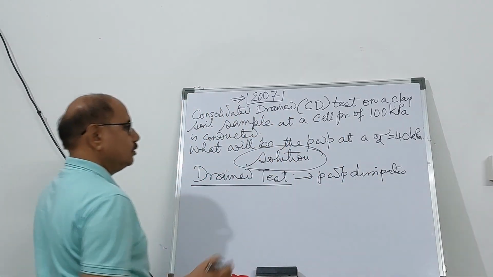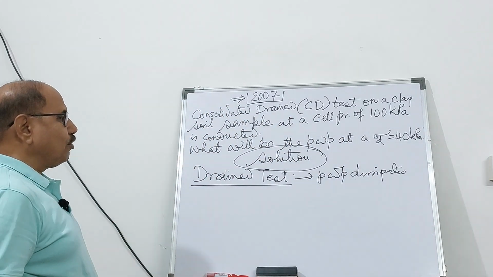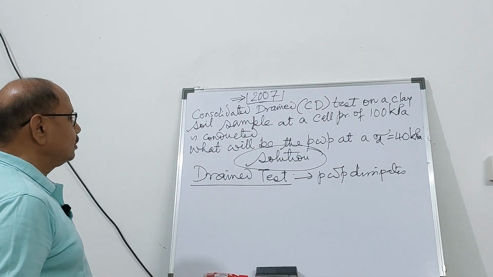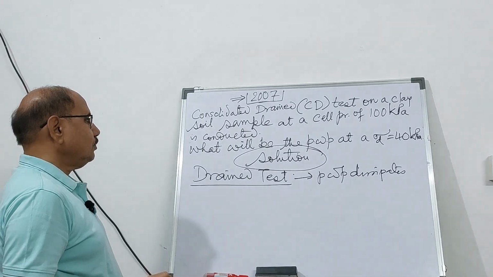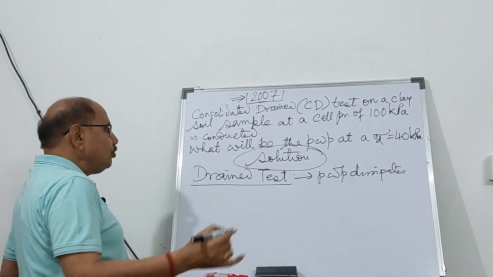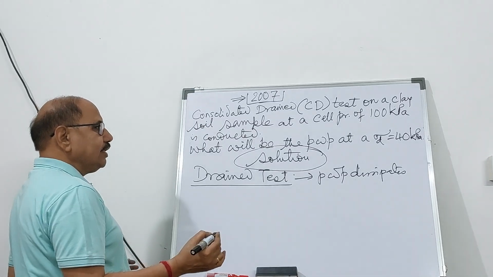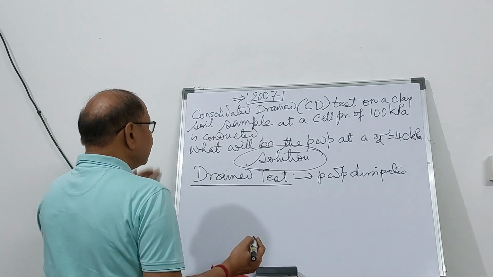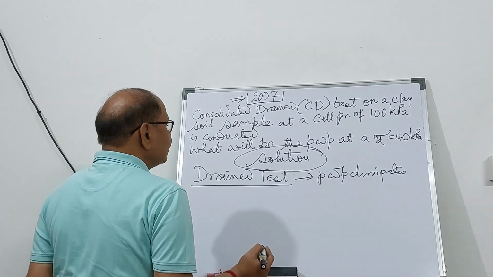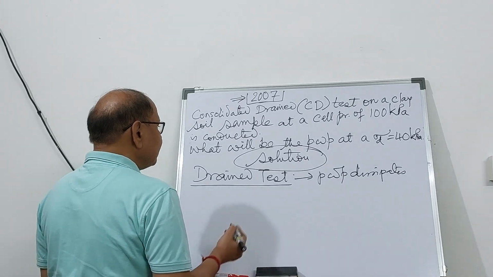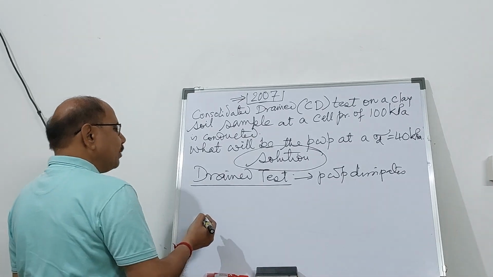Isn't it? So dissipation of pore water pressure is allowed. So when you are applying the confining or cell pressure of 100 kilopascal in a consolidated drained test, it will be released. So what will be the pore water pressure?